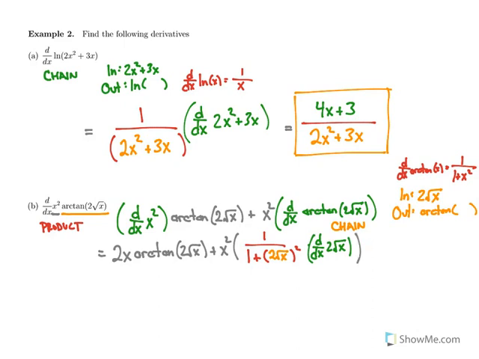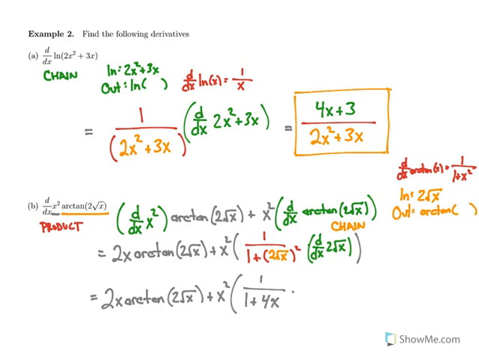And we have one more derivative to do. Note that's just a straightforward derivative, so we'll write our final answer now. We have 2x arctangent of 2 square root of x plus x squared times 1 over 1 plus 2 square root of x squared, which is the same thing as 1 plus 2 squared, which is 4, times square root of x squared, which is x, times this derivative.